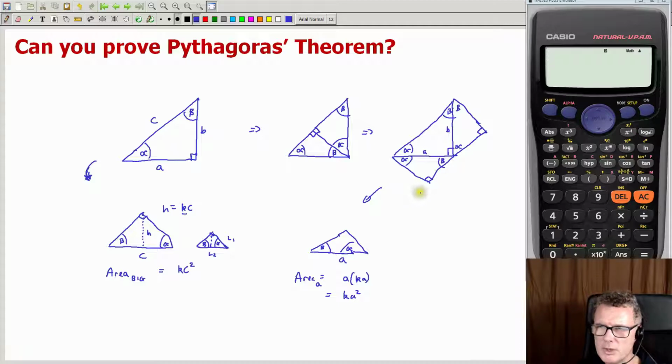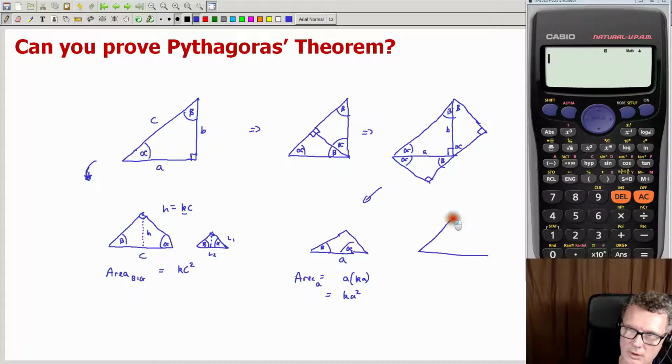And I feel I've made a mistake. Looks fine there. So here we've got, I'm going to take this triangle here, rotate it anti-clockwise, beta and alpha there.